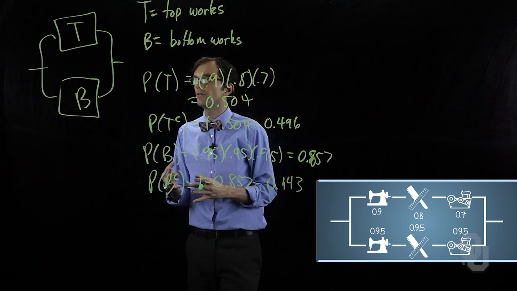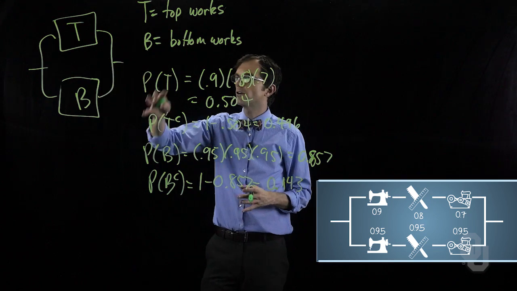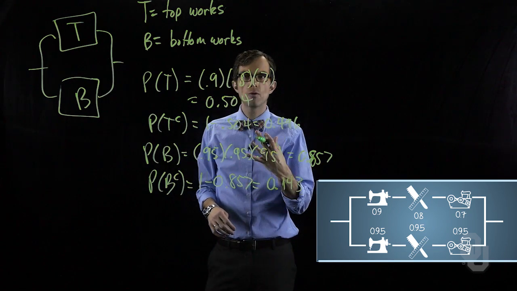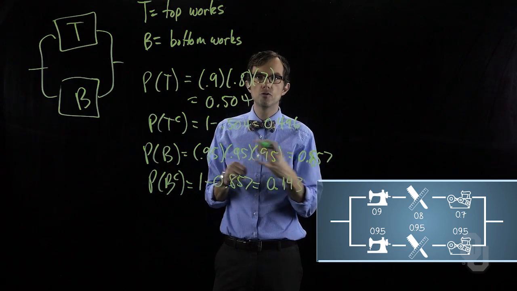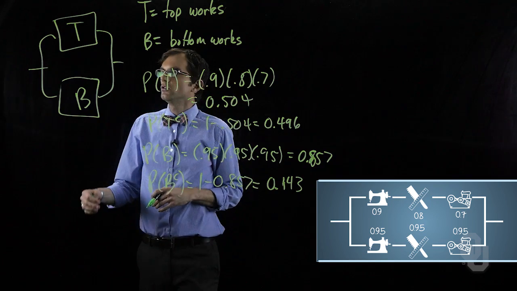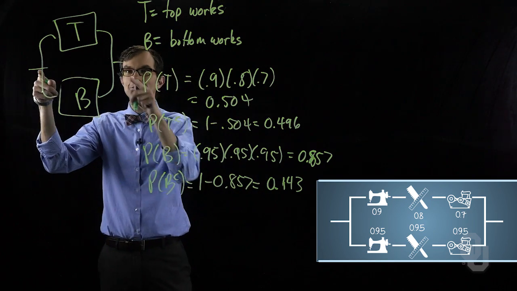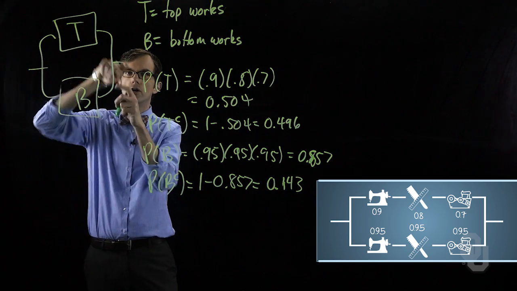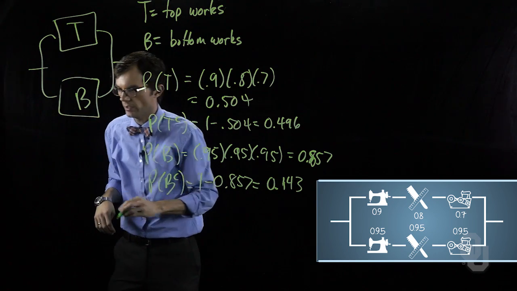So now we have a new diagram here, a simplified version of what we see on the screen. And now we want to know what's the probability that throughput can get through the shop floor. So what are the ways that we can get from here to here? Well, if either of these work, we're good. So that's one way.